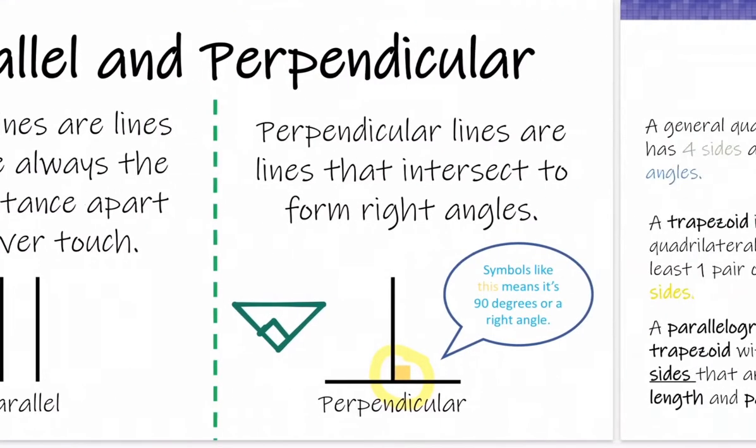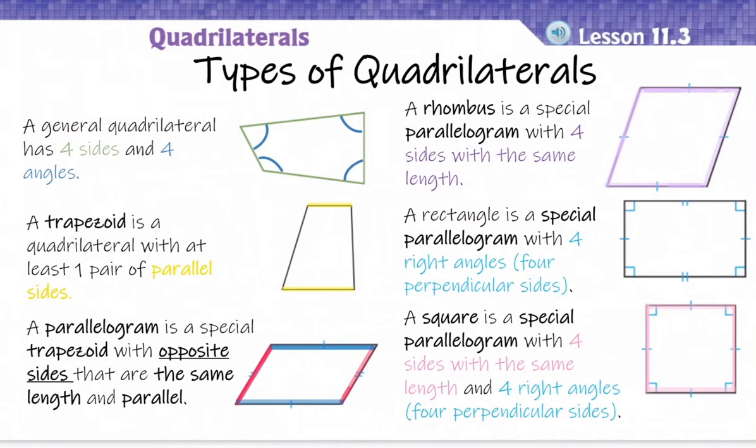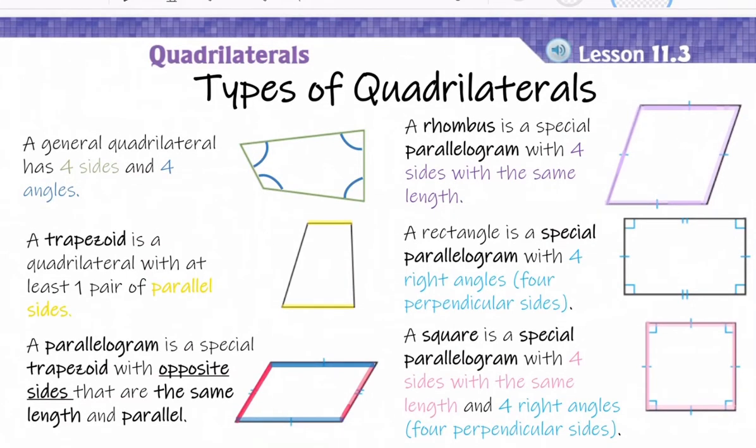So, moving on, there's 5 types of quadrilaterals you're going to be looking at. We know generally that a quadrilateral has 4 sides and 4 angles. But we're going to look at a trapezoid. A trapezoid is a quadrilateral with at least one pair of parallel lines, and they're right here. These are not parallel.